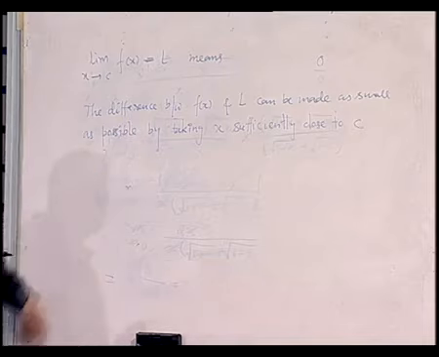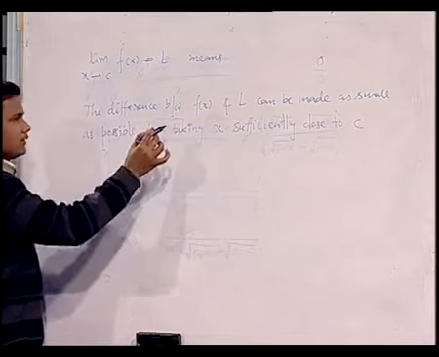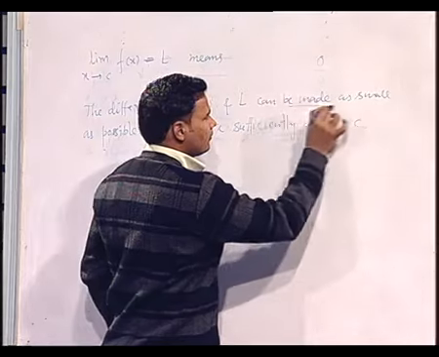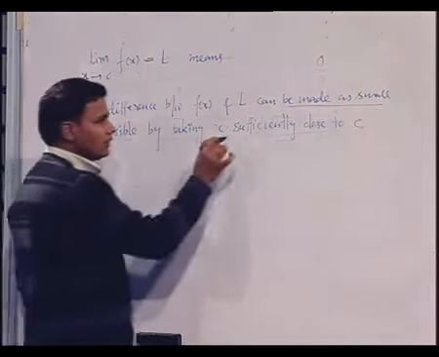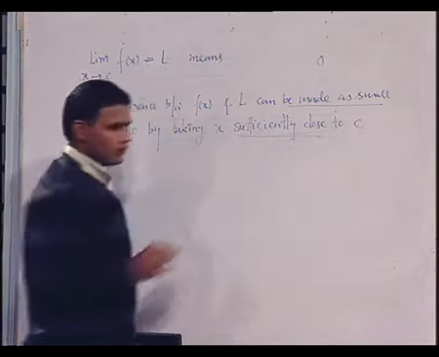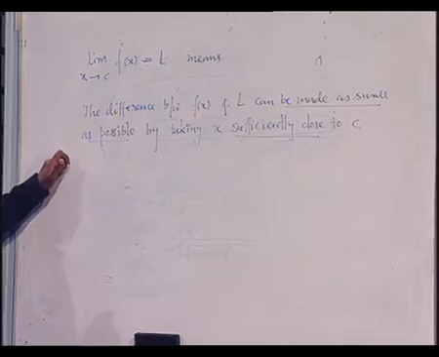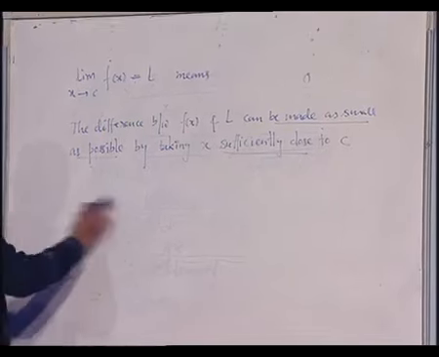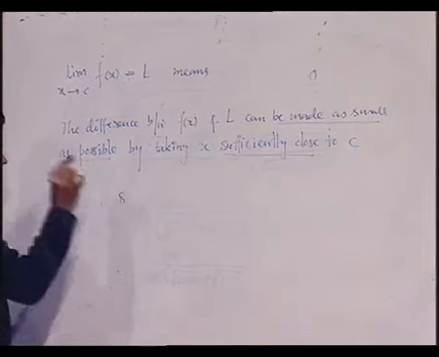Here we use the two phrases, f(x) as small as possible, and sufficiently close. To represent these, we use two Greek letters, epsilon and delta.